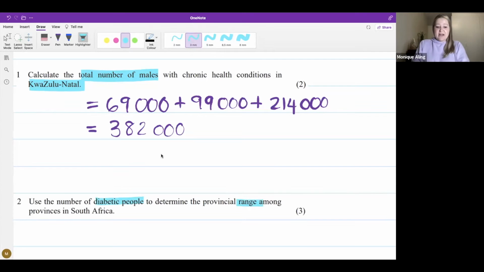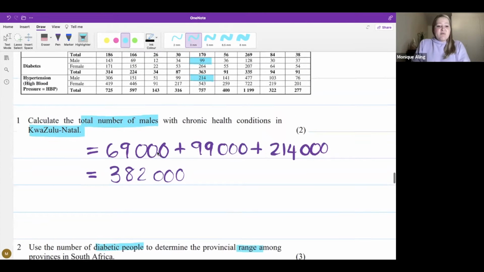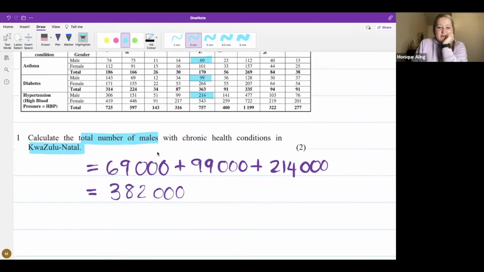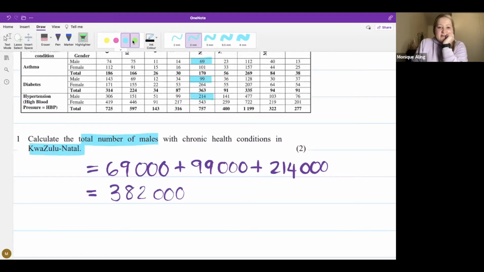So I'm going to scroll back up. Just to help, because it might be a bit hard with your screen, for diabetes we are looking at this row. These are the totals for everyone with diabetes.